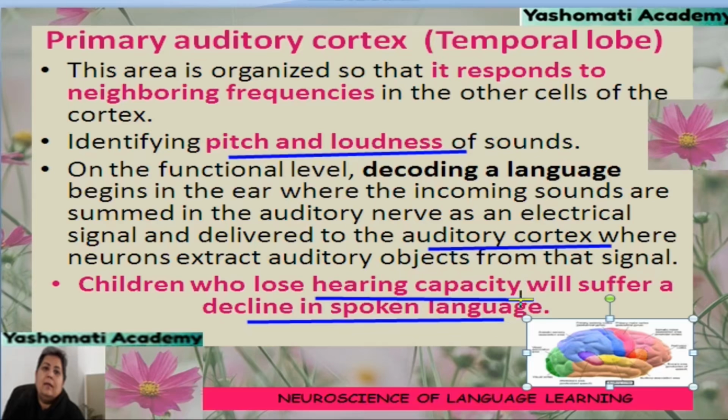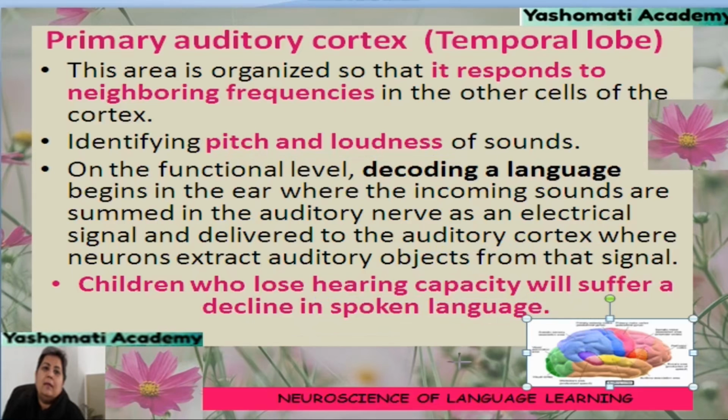That means that speaking of language depends upon hearing, and the auditory cortex is responsible for decoding. So that is why in the previous part of the lesson we also studied that it is important that the learner gets to listen, because listening is going to initiate the next learning milestone, that is speaking.